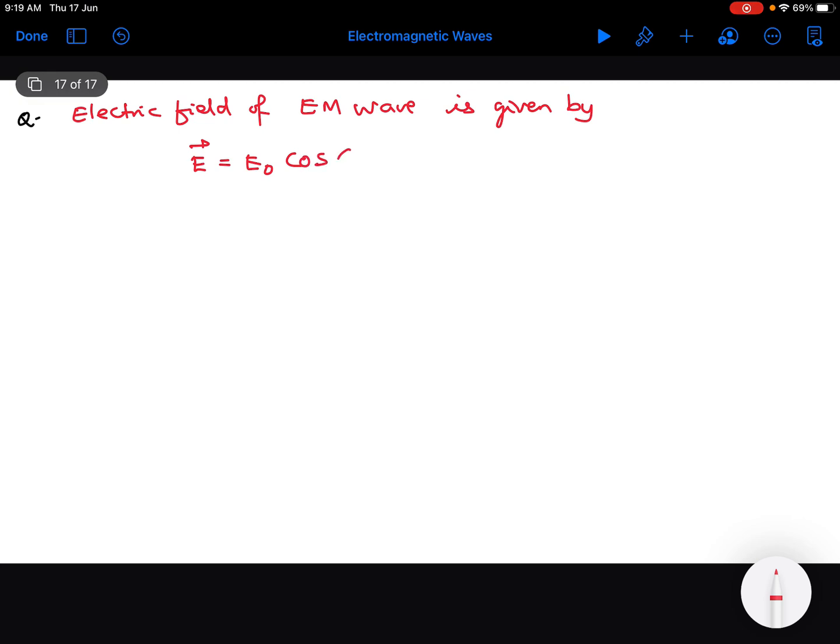The electric field of an EM wave is given by E bar is equal to E0 cos of pi times (0.3x plus 0.4y) minus 100,000 t, into k cap.